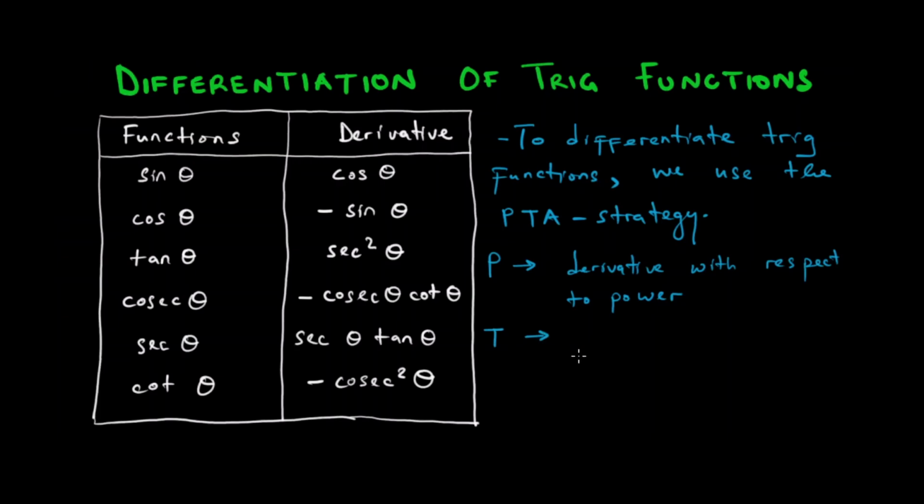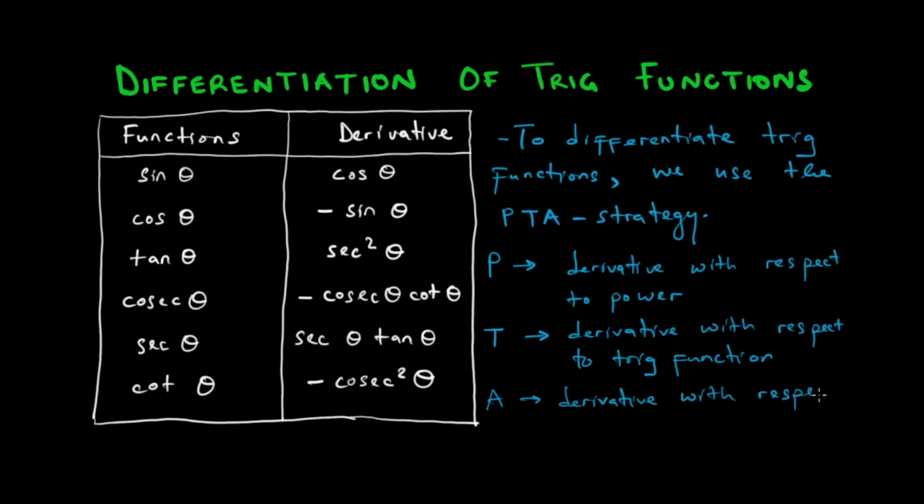T stands for the derivative with respect to the trig function. Then lastly, A stands for derivative with respect to algebraic expression. That is what this means.